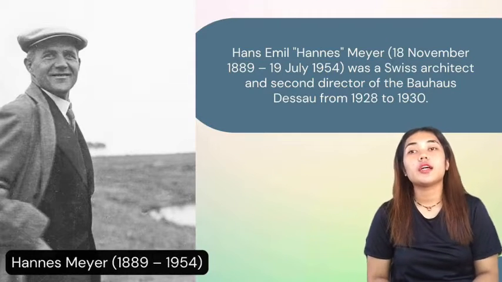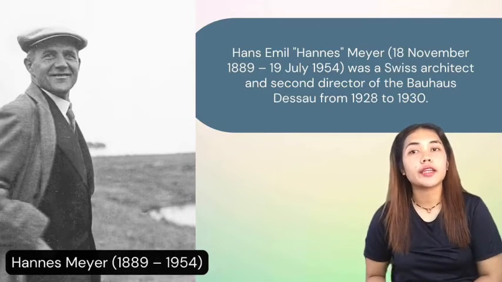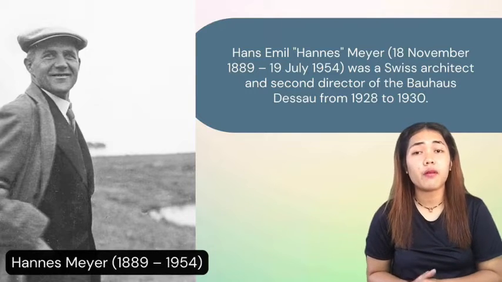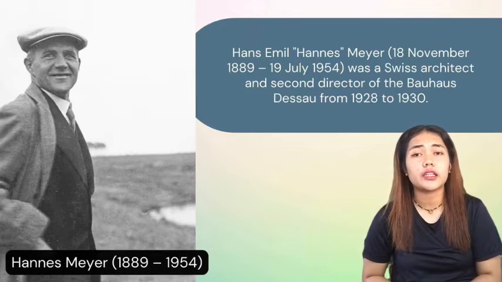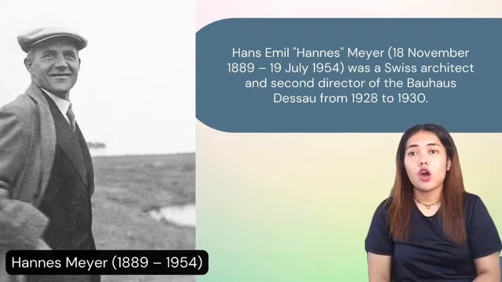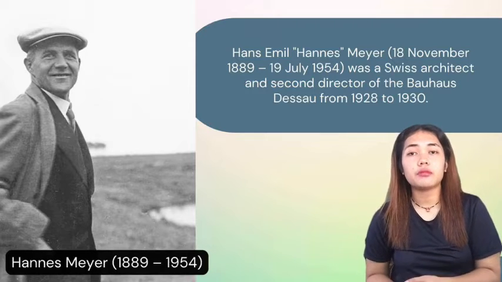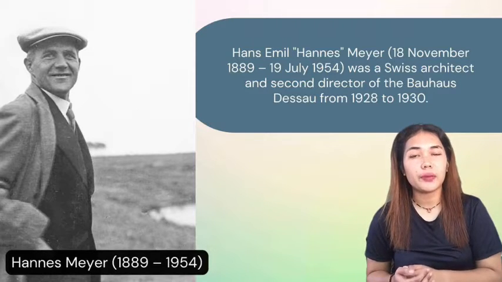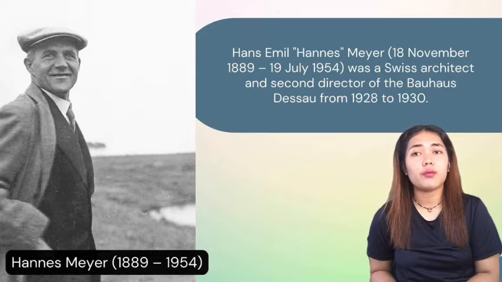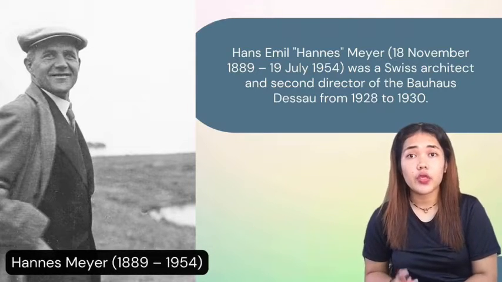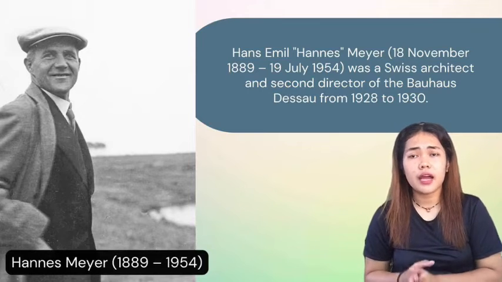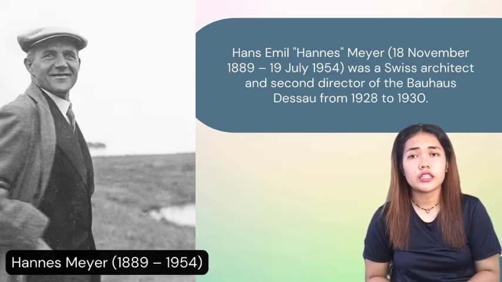Hannes Meyer. Hannes Meyer was a Swiss architect and second director of the Bauhaus itself from 1928 to 1930. When the Bauhaus Architectural Department was ultimately founded in April 1927, Walter Gropius picked Meyer as its director, even though Mart Stam had been Gropius' initial choice.